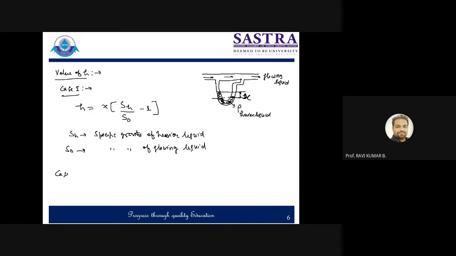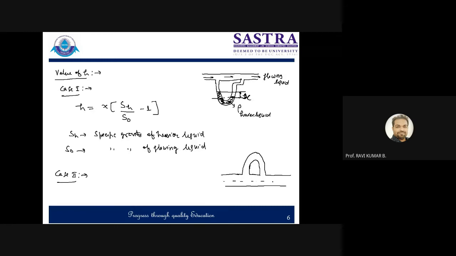Second case. You are using this kind of pattern. This is the pipe which is going through, and you are attaching a manometer, this kind of manometer you are attaching. So this is the case.